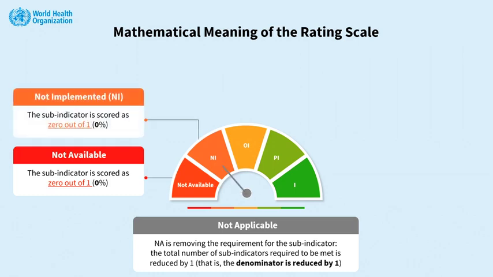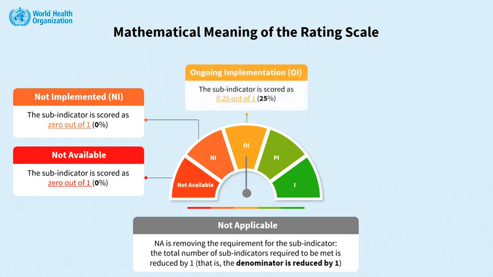Sub-indicators categorized as not implemented also receive a score of 0 out of 1. The implementation percentage for the related sub-indicator is also 0%. Sub-indicators rated as ongoing implementation receive a score of 0.25 out of 1. This corresponds to an implementation percentage of 25%.